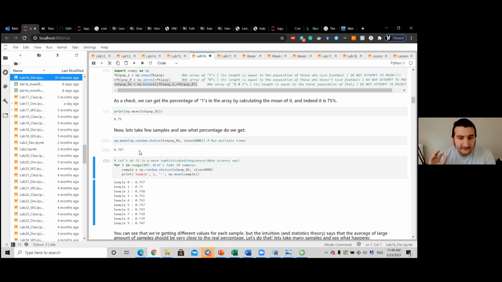What is similar between these? They're all close to 75%. They are all close to 75%, sometimes a little lower, sometimes a little higher, but they are all close to 75%, which is my population mean. Correct?